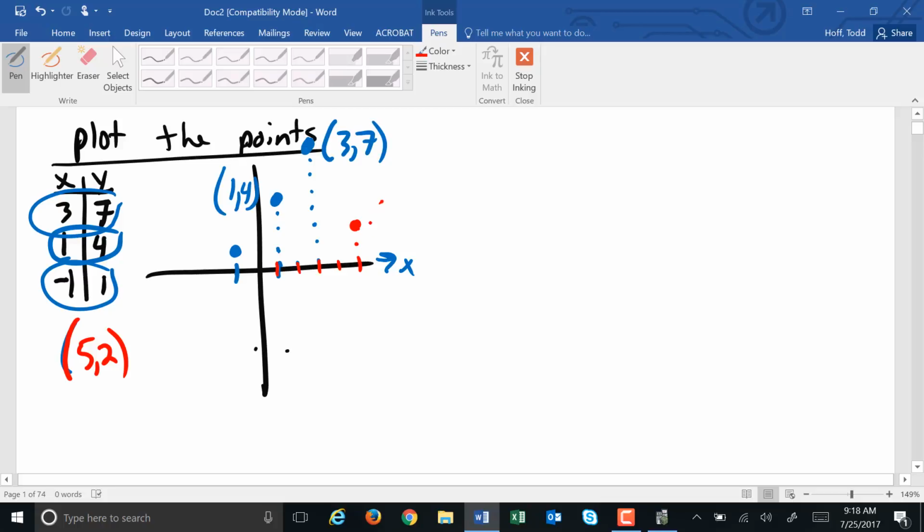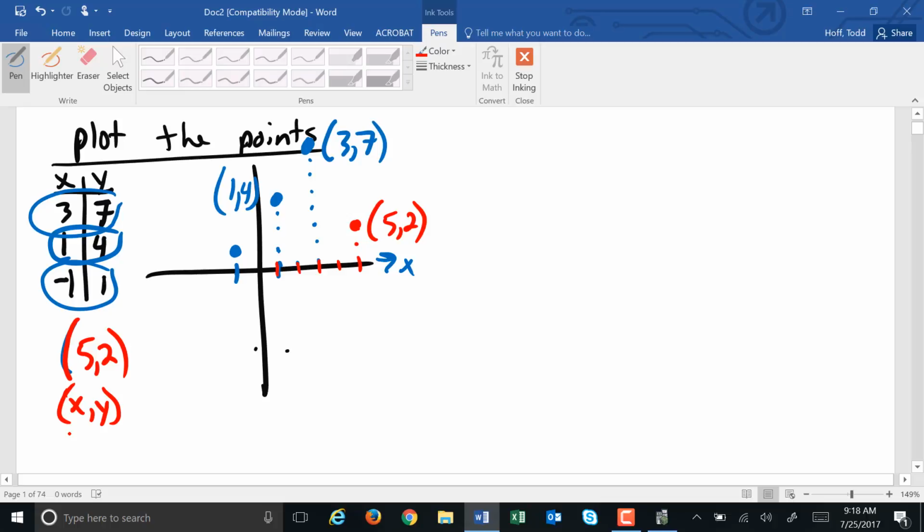That's 5, 2. So when I'm plotting ordered pairs, I have to go over first and then up. Yep, it's always X, and then Y.